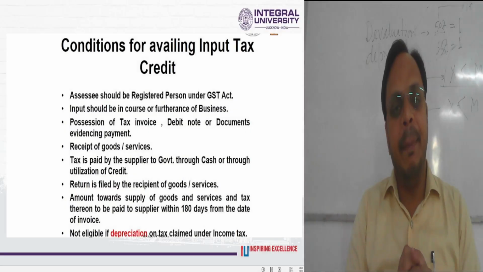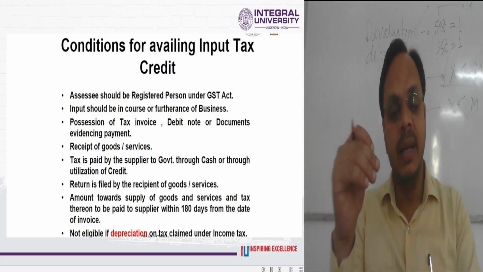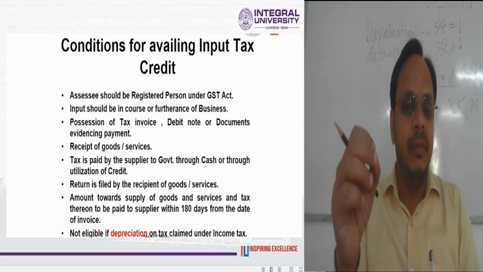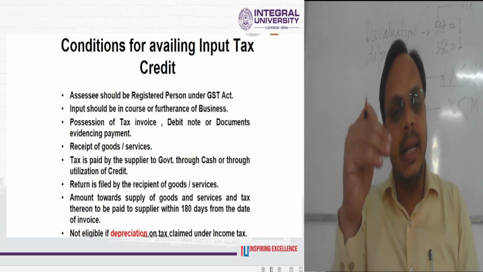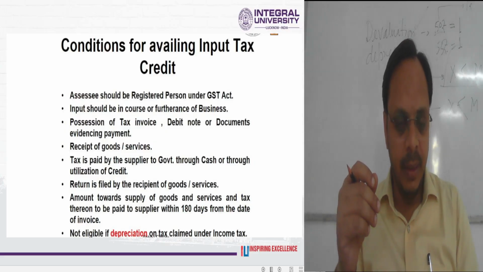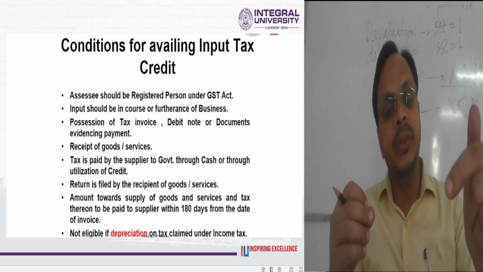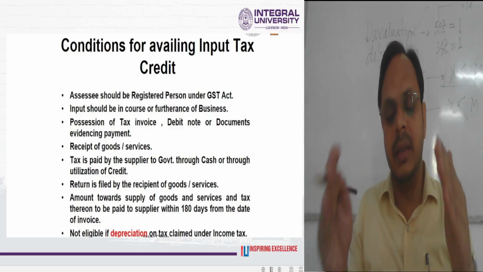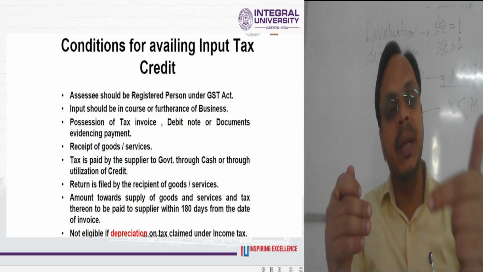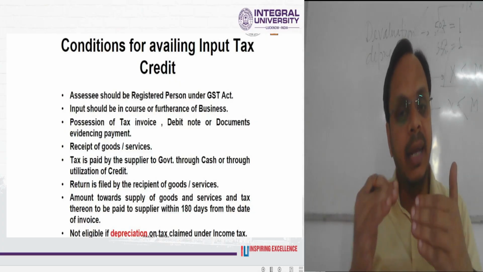In order to get the benefit of input tax credit, there are a few conditions which are mandatory to fulfill. The first condition: the assessee should be a registered person under the Goods and Service Tax Act 2017. Now you can raise the question, what do you mean by a registered person? In simple words, the person whose business is registered under the Goods and Service Tax Act 2017, having the GSTIN, Goods and Service Tax Identification Number.